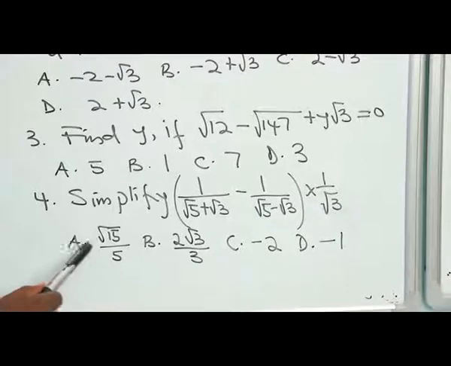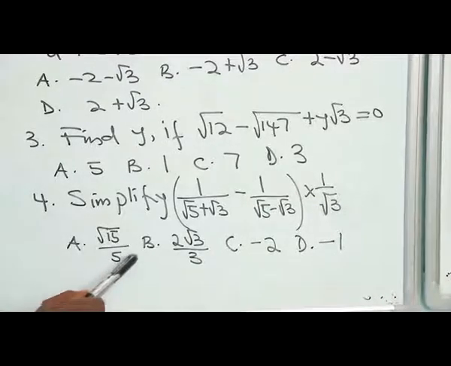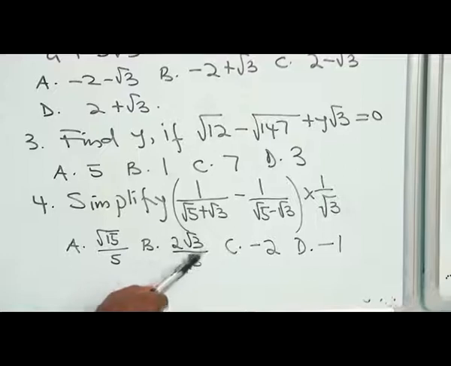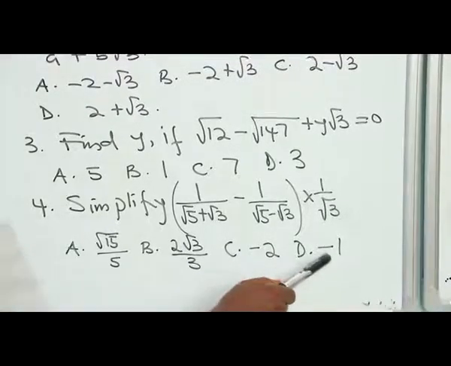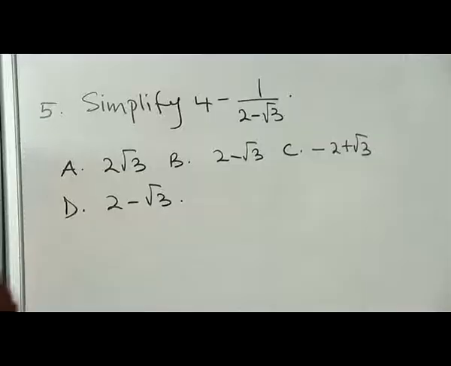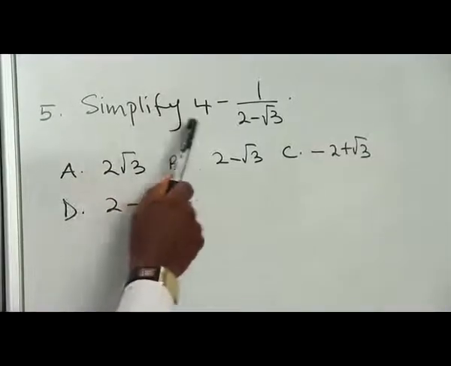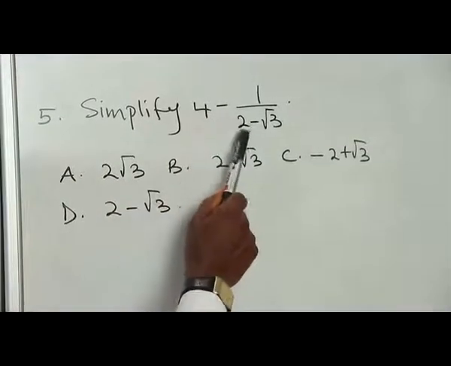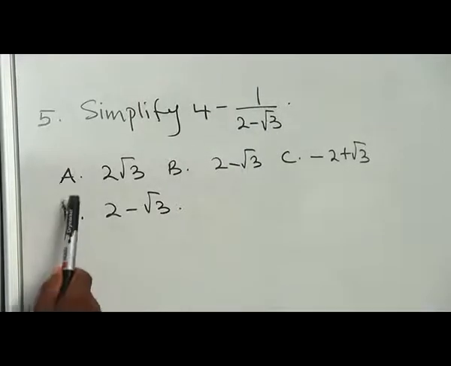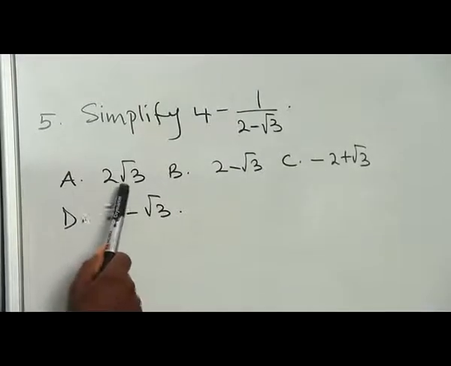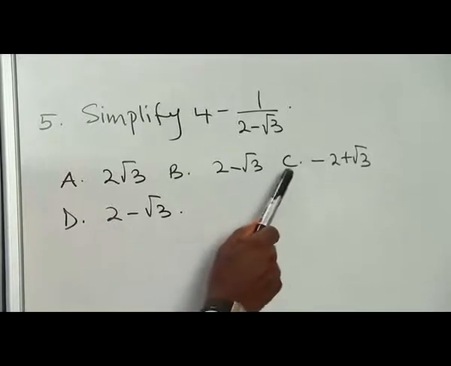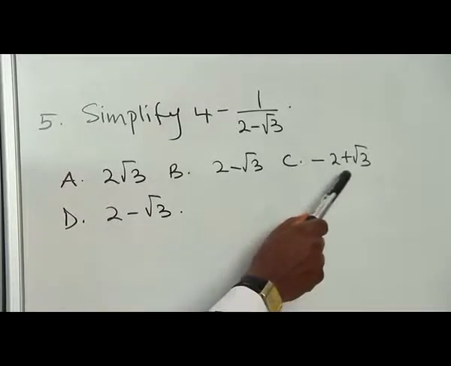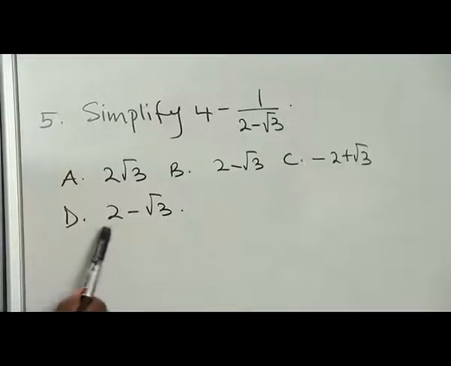Options are A, root 15 all over 5, B, 2 root 3 all over 3, C, minus 2, D, minus 1. Question number 5, simplify 4 minus 1 all over 2 root 3. Options are A, 2 root 3, B, 2 minus root 3, C, minus 2 plus root 3, and D, 2 minus root 3.